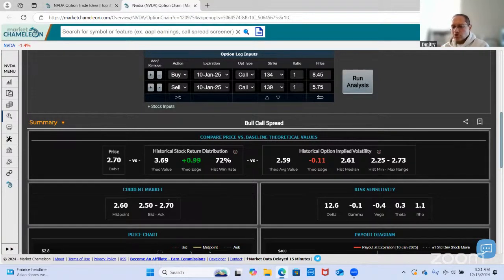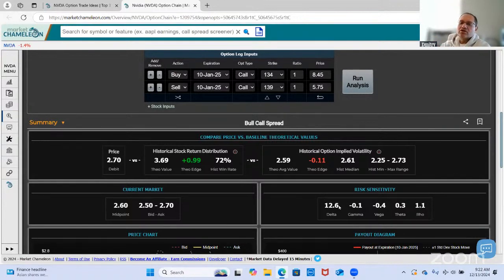Then moving along, we could analyze this spread from its risk sensitivity. Because we're dealing with two different options, some of the risks are offsetting in this call spread. If you buy a call, it has positive delta, but you're selling a call that has negative delta, so some of it is offsetting. So what is our delta risk at this moment?